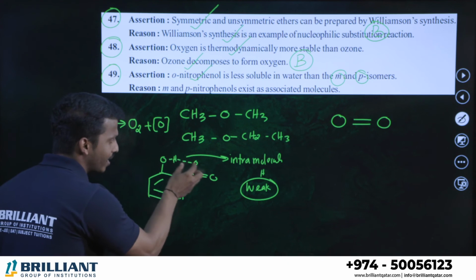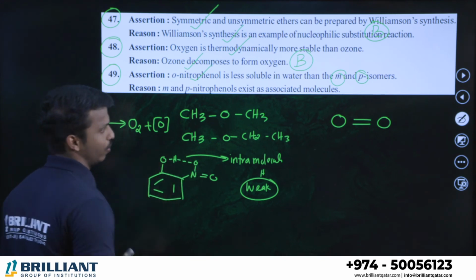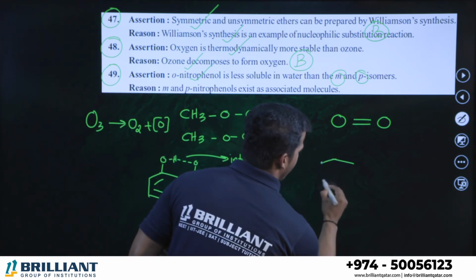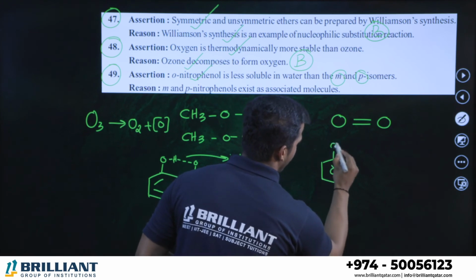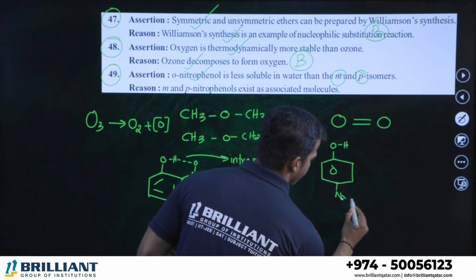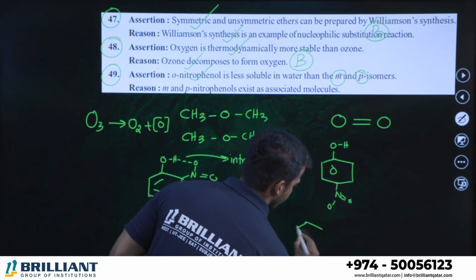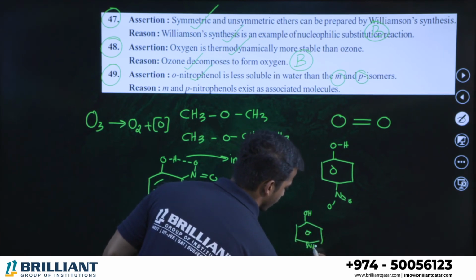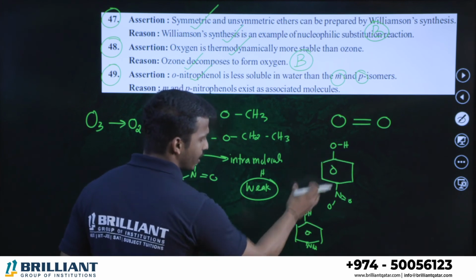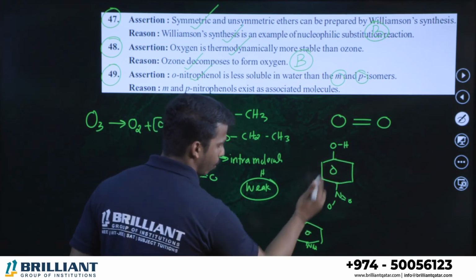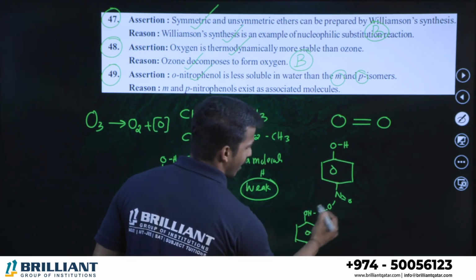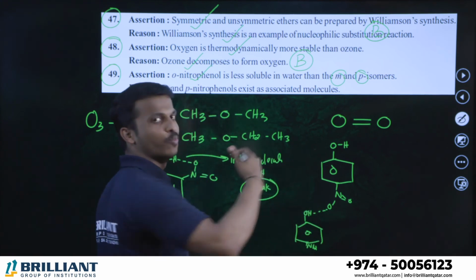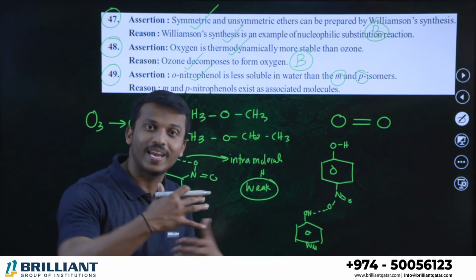The hydrogen and oxygen are attached in the molecule. But let me consider para-nitrophenol. This is a phenol with a nitro group at the para position. Let me take one more such phenol. Here, if you consider these two para-nitrophenols, the oxygen and hydrogen are connecting in between two molecules, which means they are associated molecules.